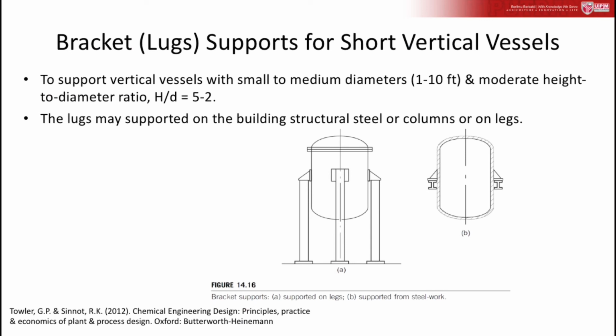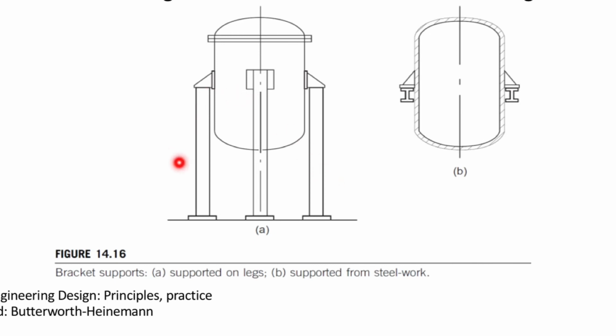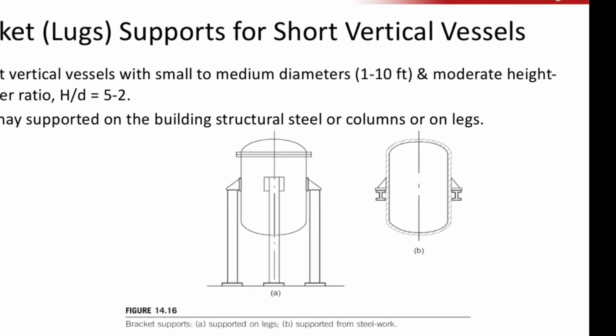For bracket and lug supports, the lugs may be supported on the building structural steel, or columns, or on legs, such as the one shown in this drawing.